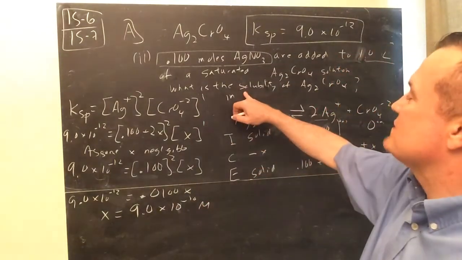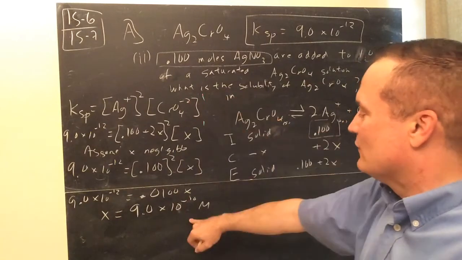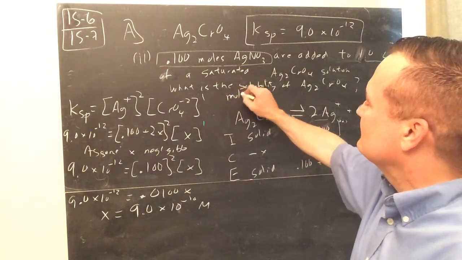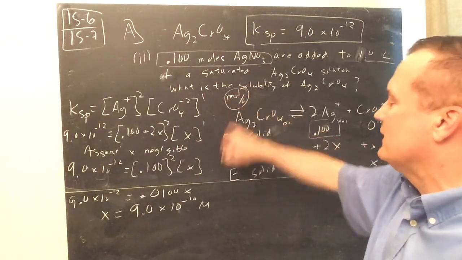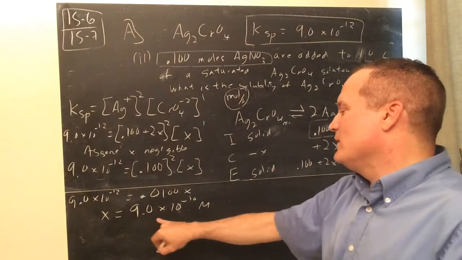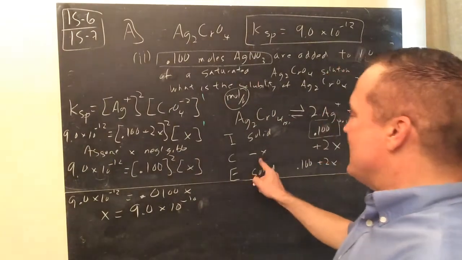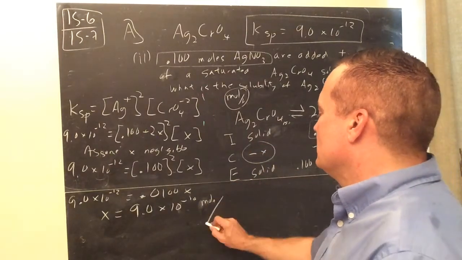But if they just put solubility, or if I put that on a test like I did here on the worksheet, you can just put molarity. That's fine. Mole per liter. If they don't say anything, they put mole per liter. That's quicker. 9.0 times 10 to the negative 10, molar. That is your x. That's your solubility. Moles per liter.